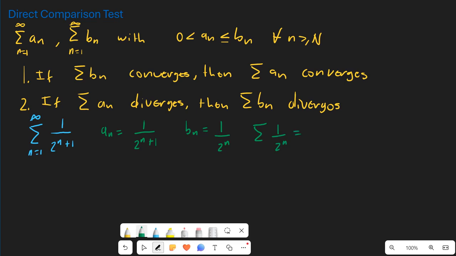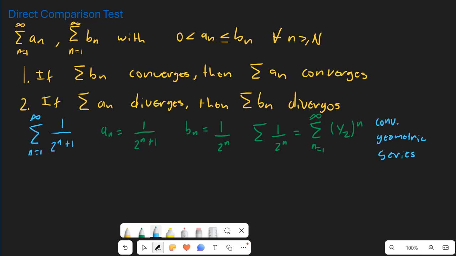When I rewrite it as 1/2 raised to the n, I realize that this particular series is geometric, but it's a converging geometric series. So we have that this is a converging geometric series.